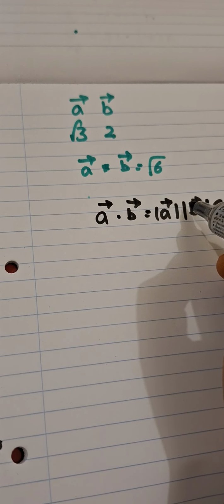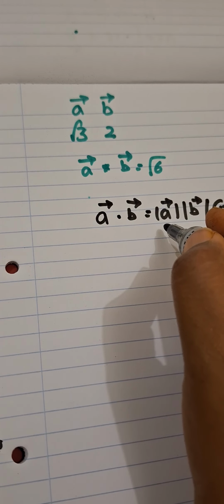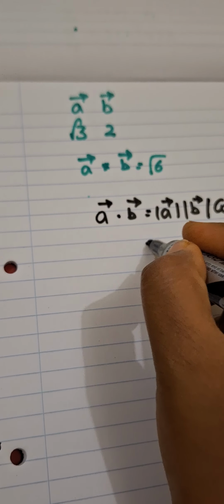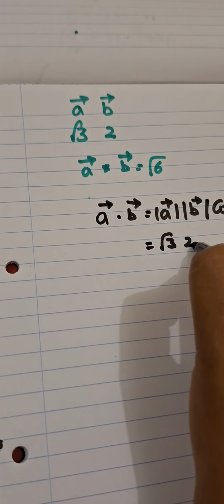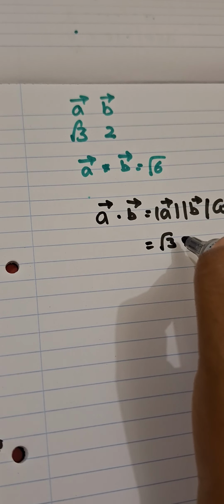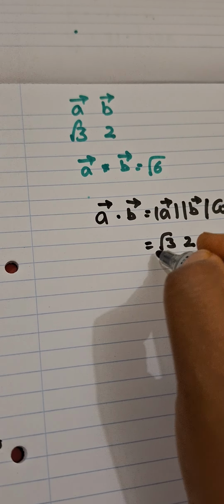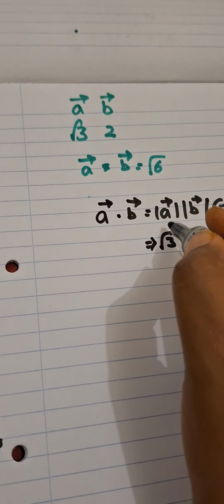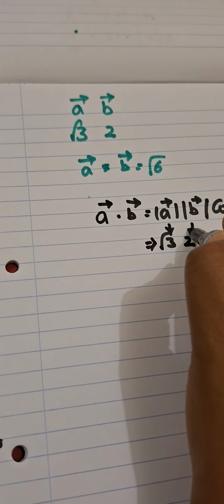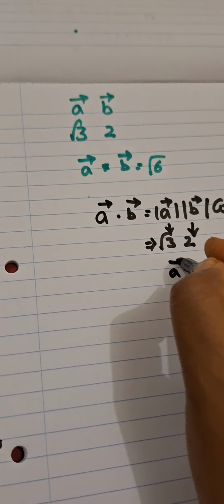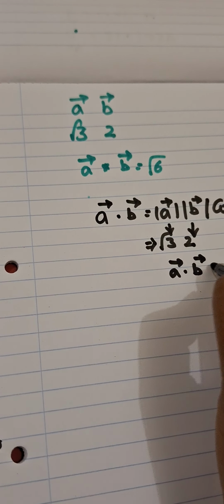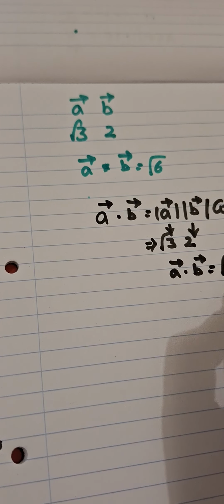In the question they already gave that magnitude of A is root 3, magnitude of B is 2, and a bar dot b bar is equal to root 6.